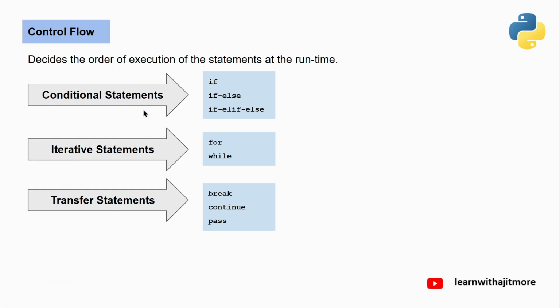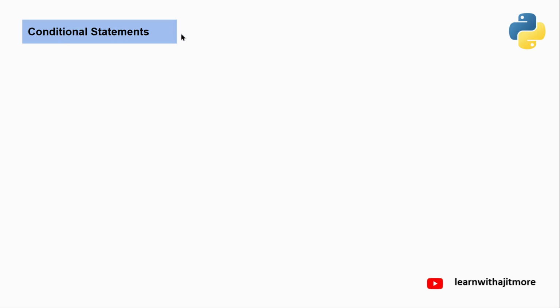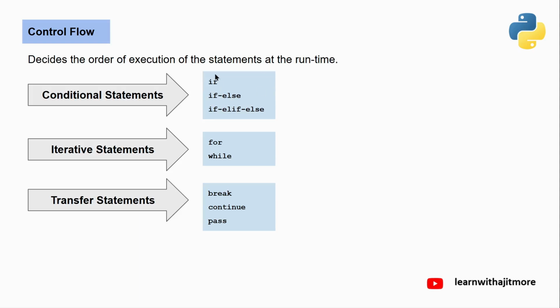Three types are clear. Conditional: multiple blocks from which any one block will be selected based on the condition. Iterative: the same block is executed some number of times. And if you want to transfer the flow from one point to another point in the code, then we use transfer statements. Okay? Can you give me quick confirmation so that we can dive into this first category, then the syntaxes of all, then the next category.